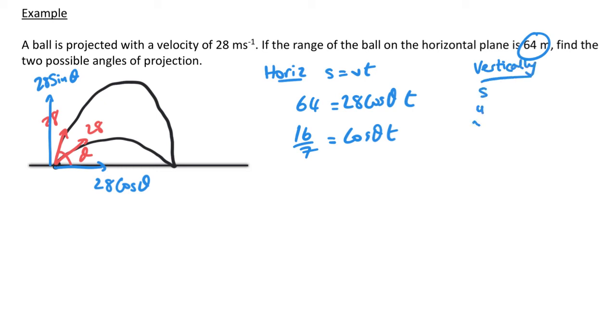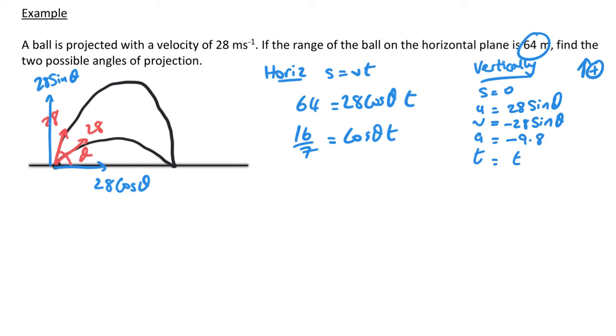And look at our SUVAT information. s could be 0. The initial velocity is 28 sin theta. The velocity at which it'll hit the ground will be minus 28 sin theta, taking up as positive. The acceleration is minus 9.8, and the time taken is t.